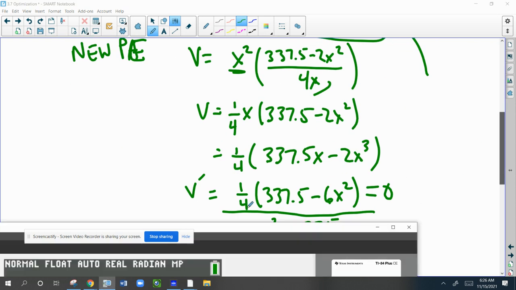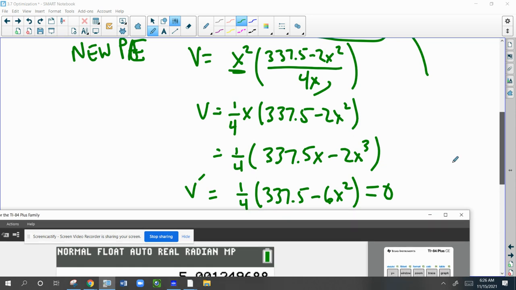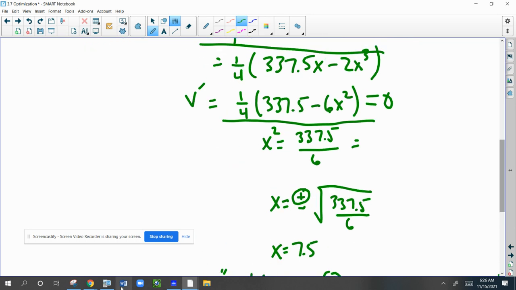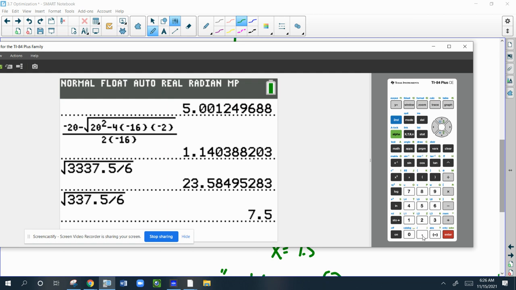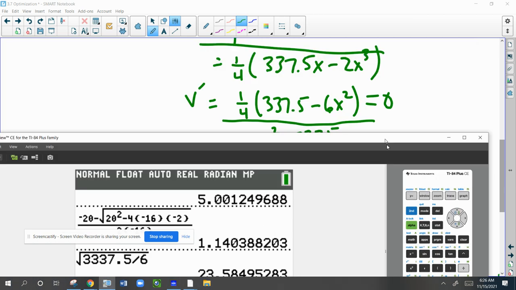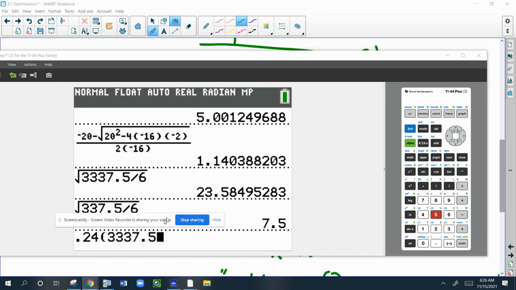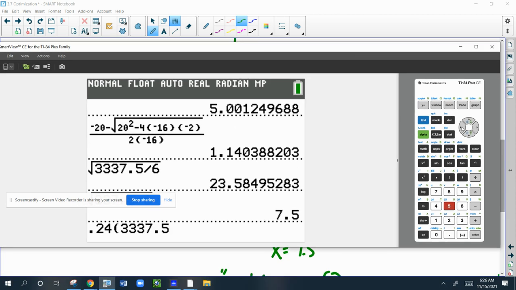Actually, I'm going to plug it into here. It will be easier to type. 1/4 times 337.5, I did the same thing.